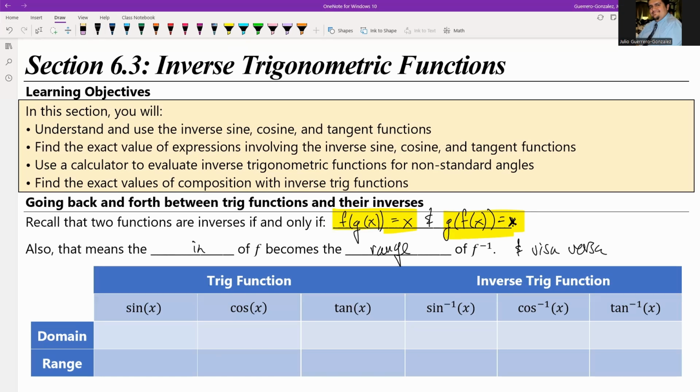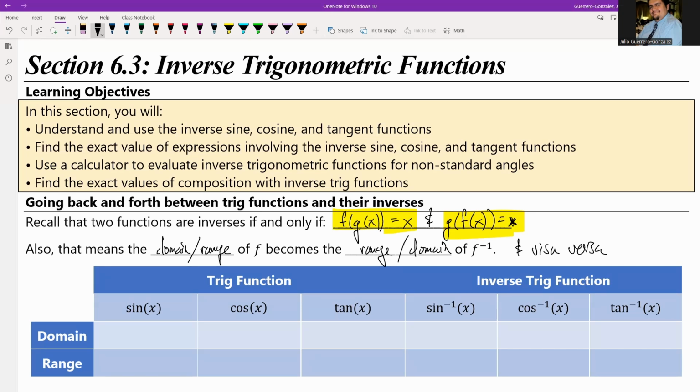So let me do it this way: domain slash range, and then you get to pick your own adventure, range slash domain. This is basically saying that if you had the domain and range for f, and there existed an inverse, f inverse, then the things would swap.